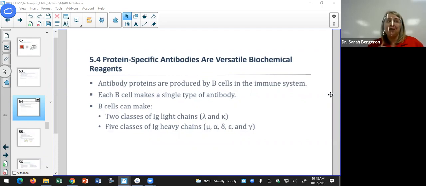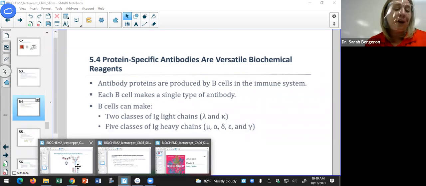If my B cells recognize my proteins, my antigens, what do I now have? An autoimmune disorder, and that's really bad. So they go through a typical screening process so that doesn't happen. B cells can make a wide variety of antibodies, and it's all about the light chains and heavy chains.